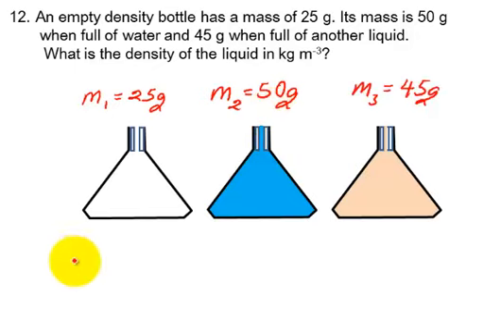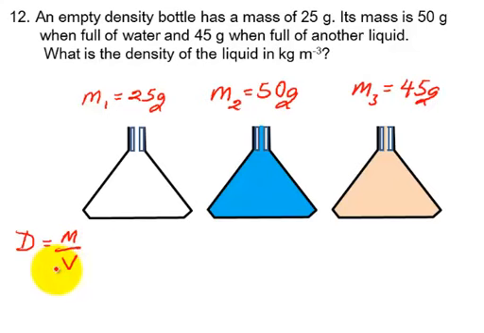From this information, we can calculate various physical quantities. But before we get started, we need to know what we are required to calculate from the question. We are required to calculate the density of the liquid. In order to calculate density of any substance, we need to know its mass and its volume.